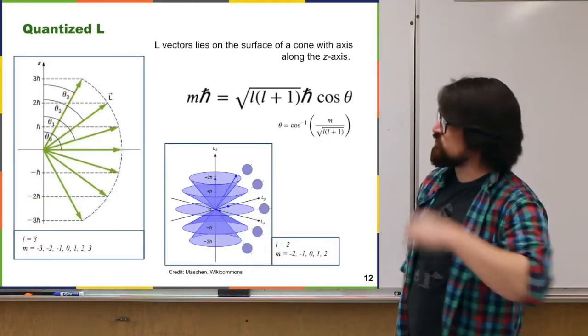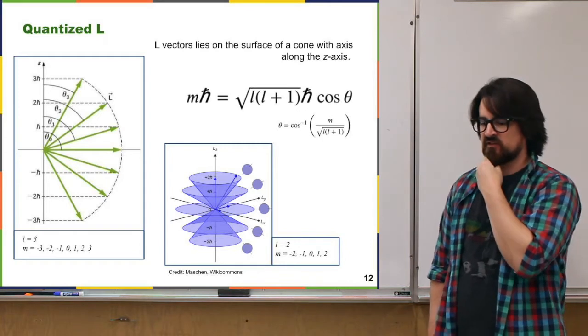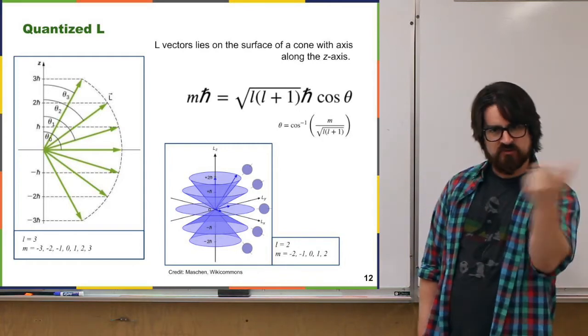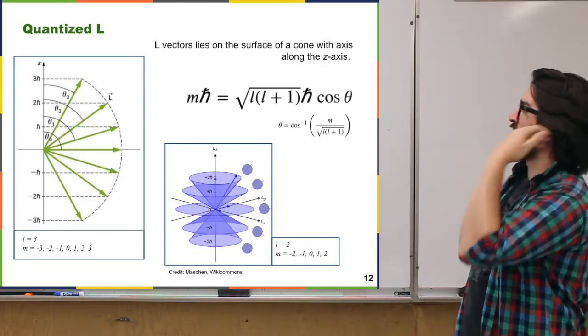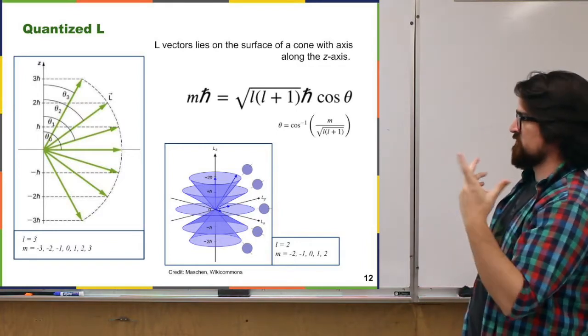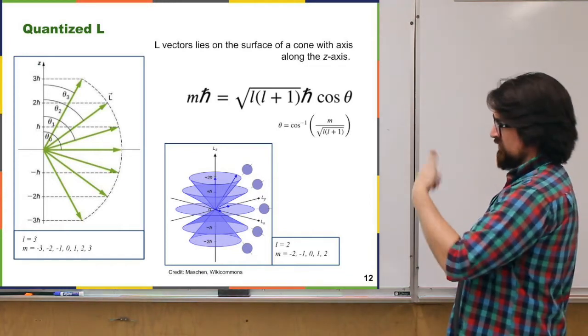And getting back to what it means that the magnitude of the electron's angular momentum, the angular momentum associated with it orbiting around the proton, is quantized, well, we can visualize that by drawing out some states of angular momentum.